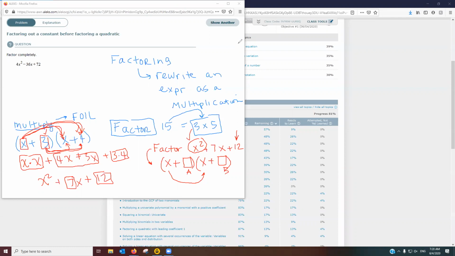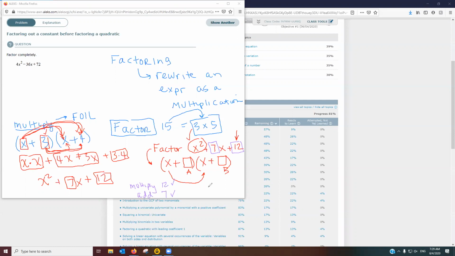So what I need then to figure out this factoring problem is I need two numbers that have to multiply to get me 12, because that's this constant out here. But then they also have to add to get me this middle coefficient here of 7. So now I have to do a little bit of thinking about what two numbers would multiply to 12 but add to 7.